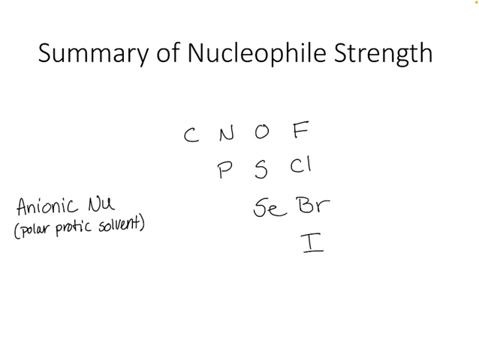Now, if we're considering atoms in the same row, remember we're considering electronegativity. And previously we said that if something is less electronegative, it's more likely to react because it's not holding on to its lone pairs as tightly, or its negative charge as tightly. So nucleophilic strength is going to increase going right to left.